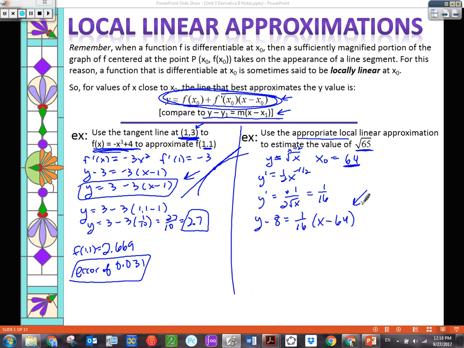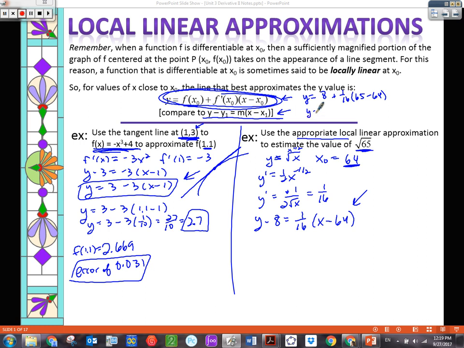All right, so now we're actually going to do the approximation. I'm going to write it up here so you can see it just a little bit better. So we have y equals 8. We move the 8 over, right? 8 plus 1/16 times 65 minus 64. Why am I using 65? Because that's what I'm approximating. So 65 minus 64 is 1.